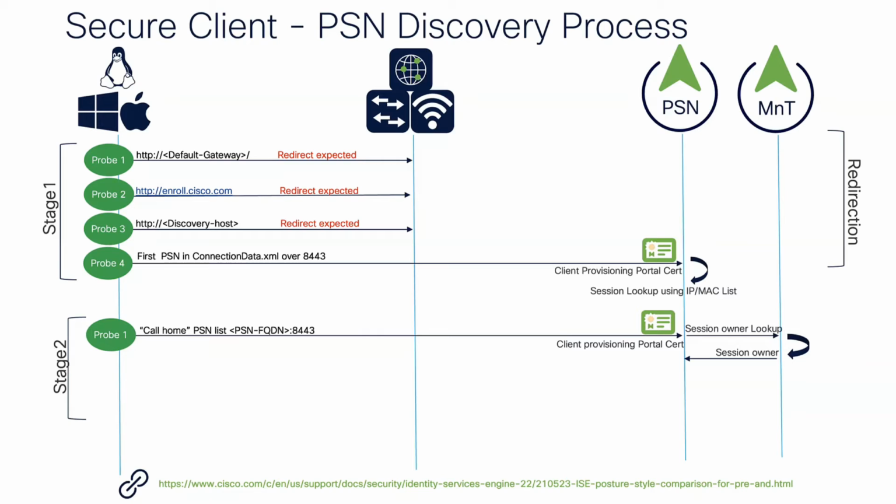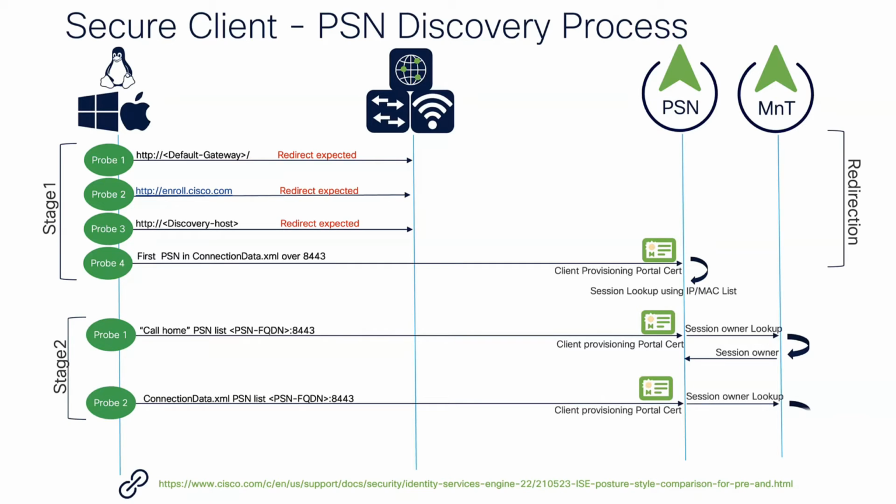We're going to demonstrate this call home list in a couple of minutes. The call home list allows the Cisco Secure Client to talk to a specific PSN. No matter whether you got authenticated with PSN1.cisco.com or PSN2.cisco.com, if it matches the call home list, it will try to contact that call home list PSN FQDN over 8443.